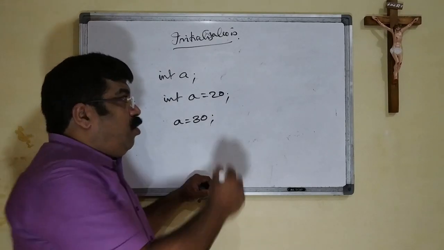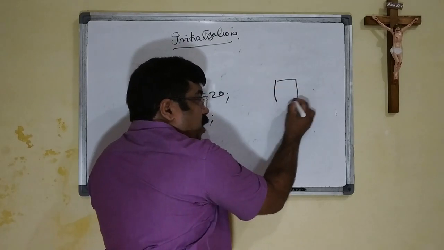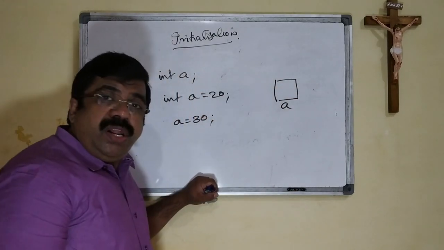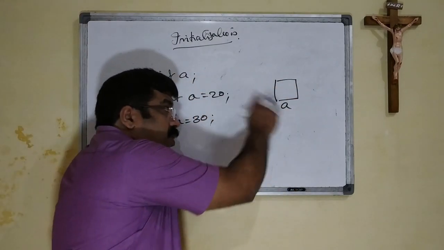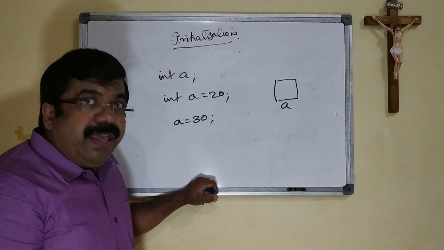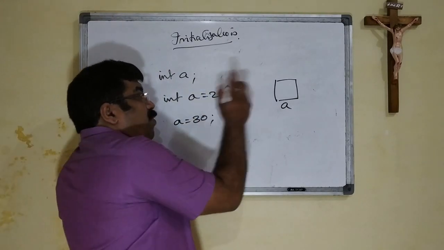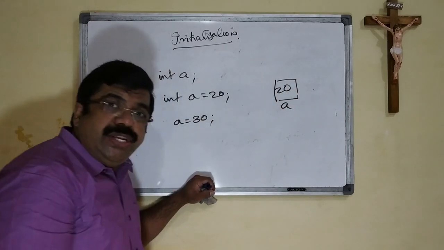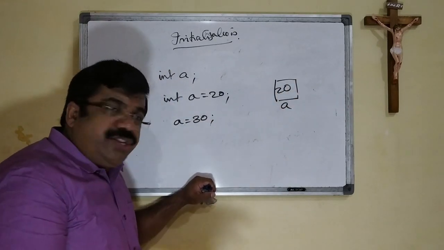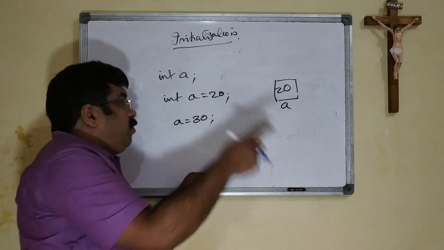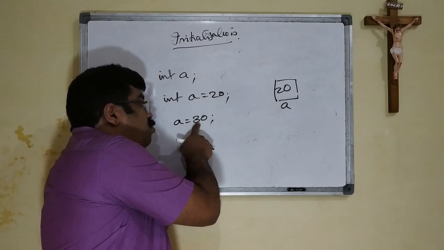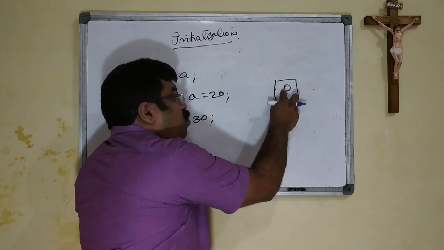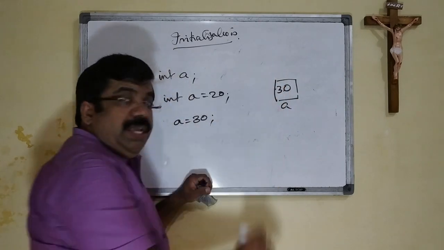That means within the memory, there will be a location which is represented with a symbolic name a holding a value 20. Later on in the program, we gave the same location a new value 30.